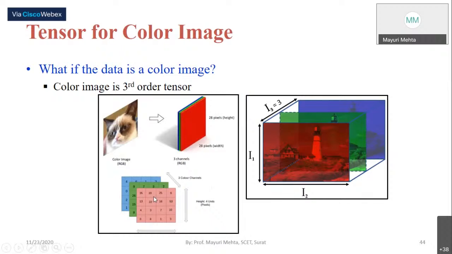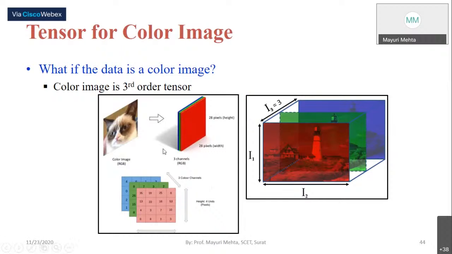So how many matrices are there for a color image? 3. Because a 100 cross 100 matrix would be there for the red channel, representing the intensity values of red. A second 100 cross 100 matrix would represent the green intensity values for 100 cross 100 pixels, and similarly we will have a third. So 3 matrices are there, and each of these matrices is a 2-dimensional array.